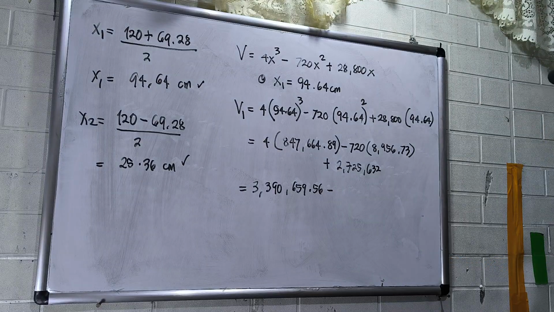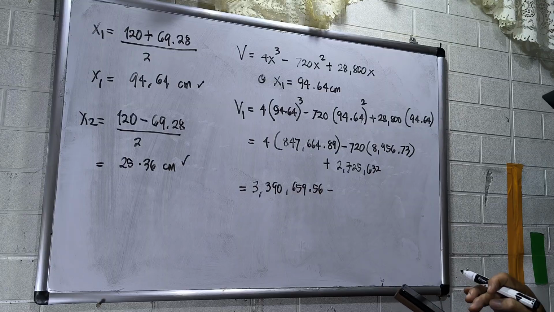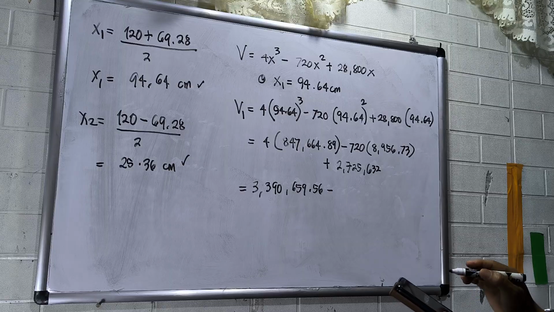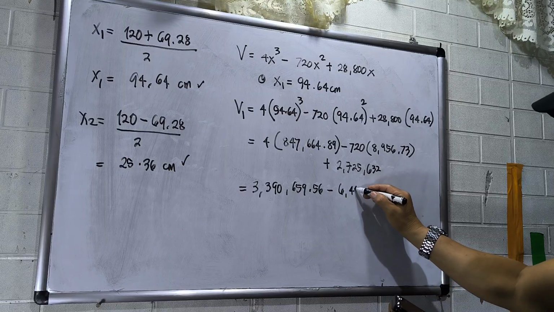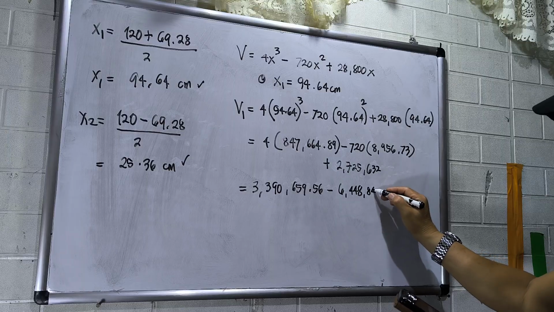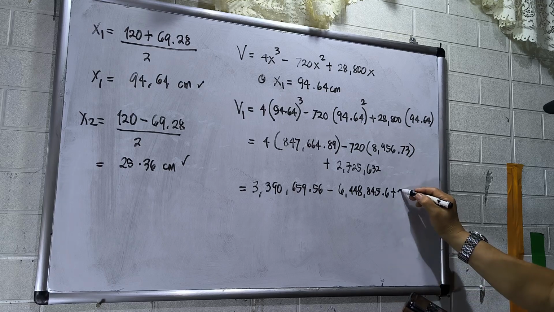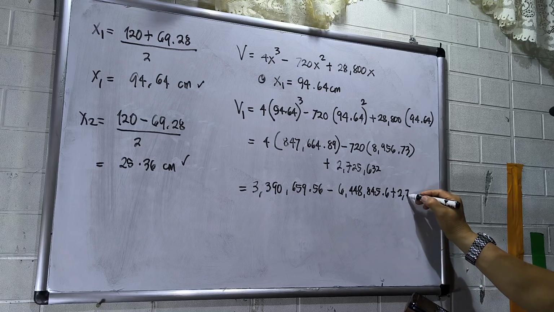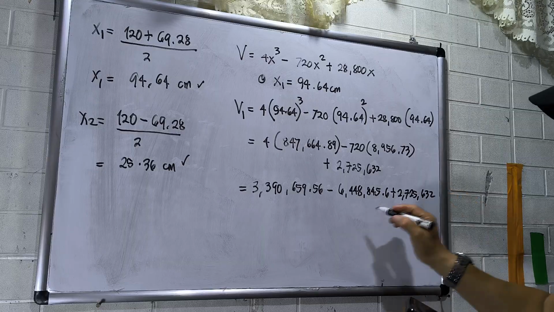Then minus, multiply this one, 720 times 8,956.73 is equal to 6,448,845.6, then plus 2,725,632.